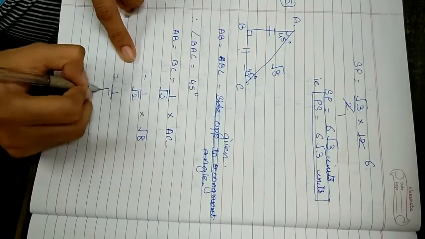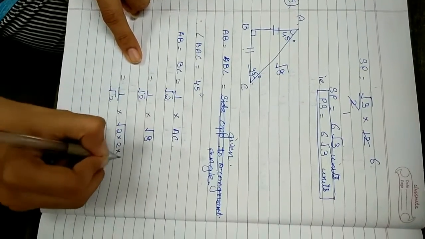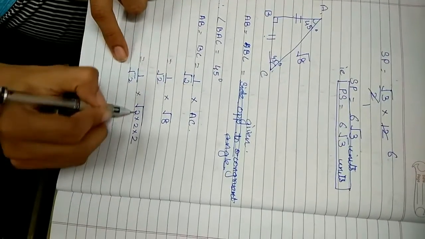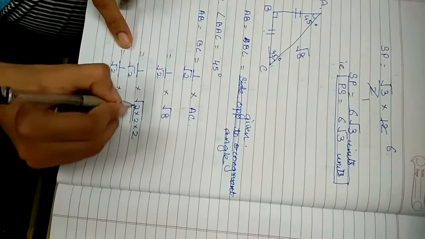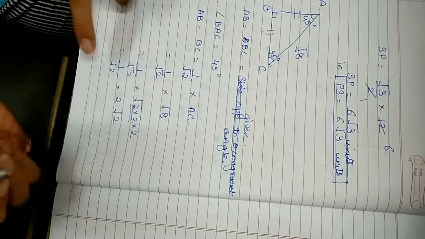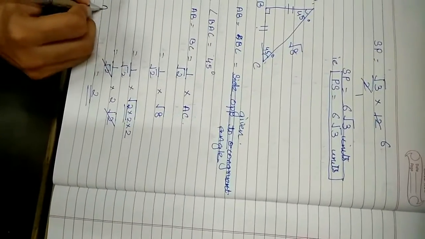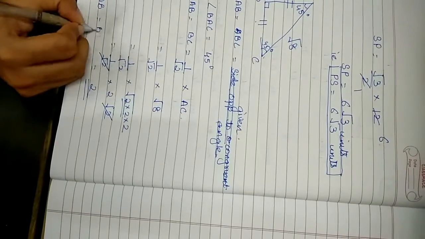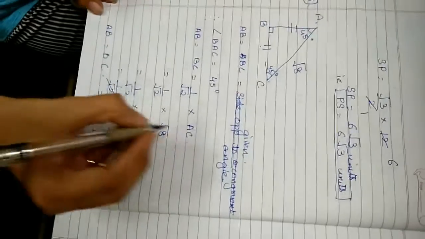That is equal to 1 upon root 2 times root 8. We will split 8 into 2 into 2 into 2. From this, 2 will come out and root 2 will get canceled out. So the value is AB is equal to BC which is equal to 2 units.